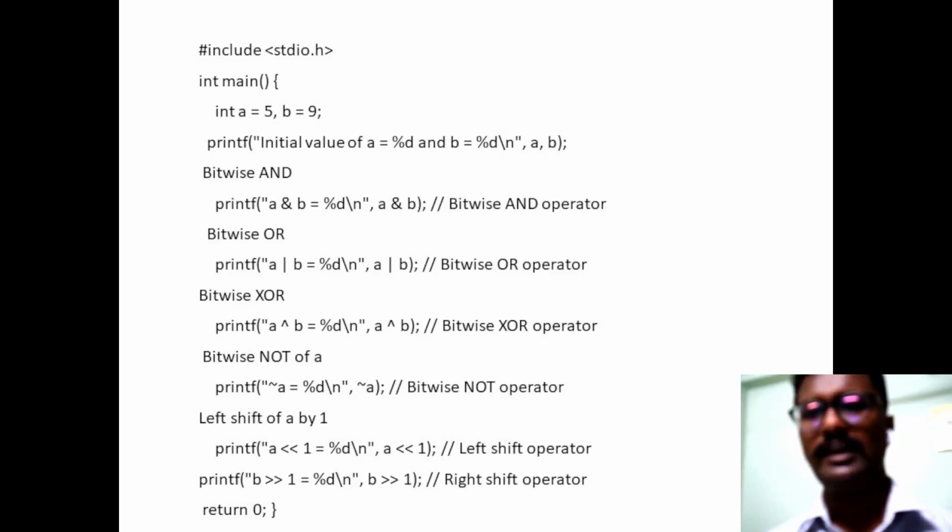Okay, and the NOT operator. The bitwise NOT operator flips all the bits of the operand. In C, it is generally stored using a 32-bit representation.